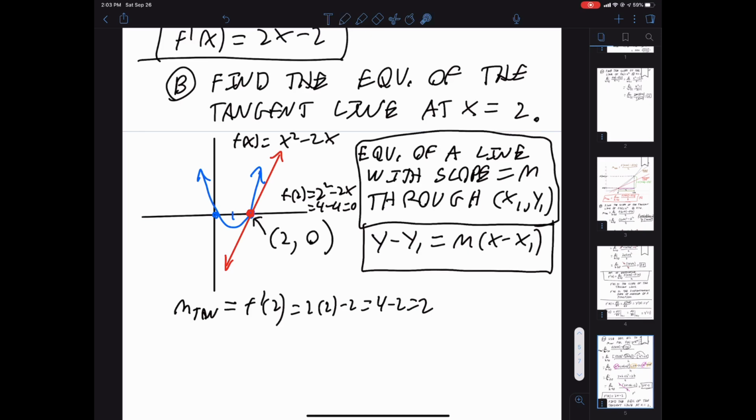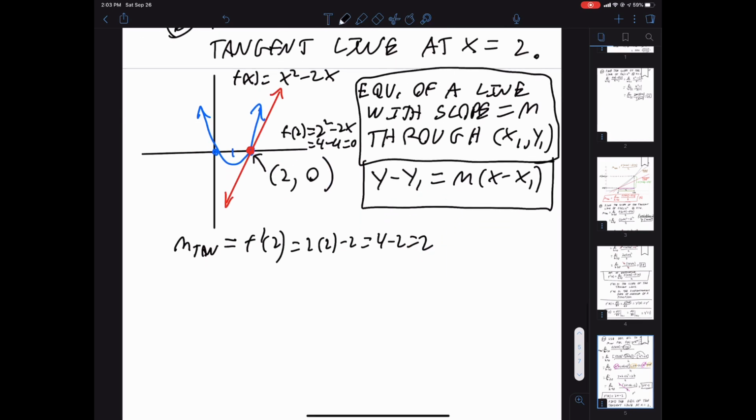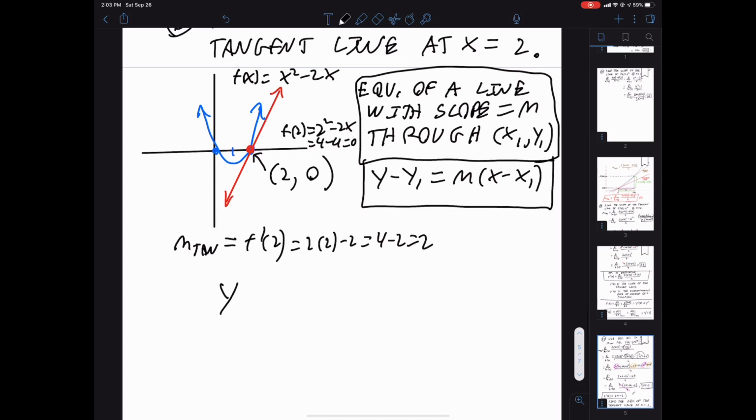So I know the slope, I know the point, I am done. I just plug it into my formula: the 2 for the x1, the 0 for the y1, and the other 2 for m, and I have found the equation of the tangent line. Make sure you know how to do that. Please don't delay. You're going to be asked to do that a lot this year. We have something called a tangent line approximation in BC.